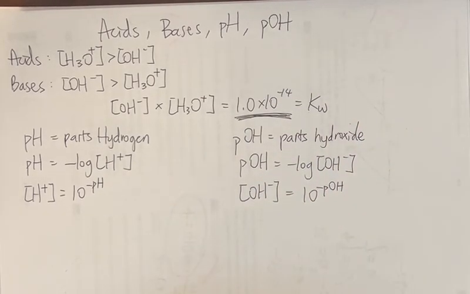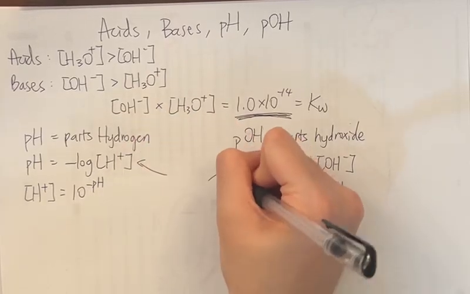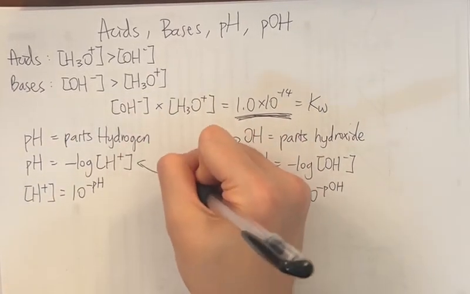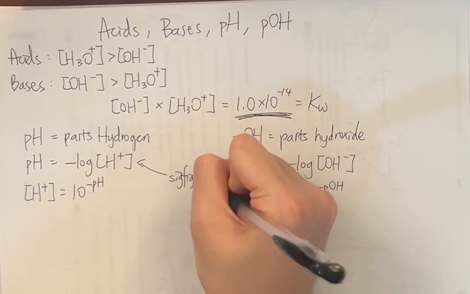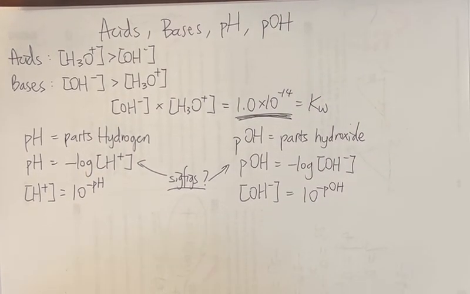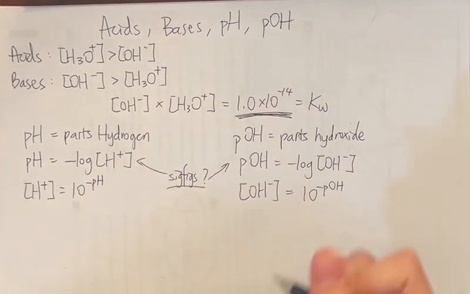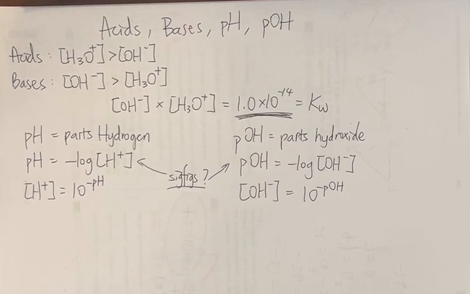Okay, and so remember a very important rule here. When you're writing this on your test, what suffix should we round this to? Because significant figures in chemistry is a very important rule, and you have to follow it. Applying the rules to pH and pOH is kind of different, and kind of messy.